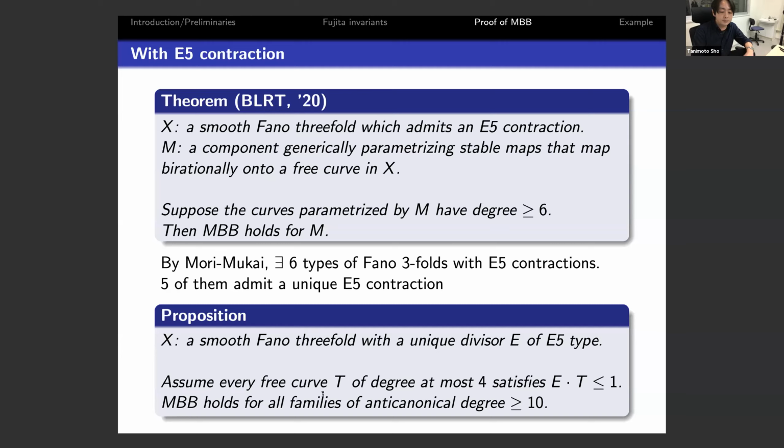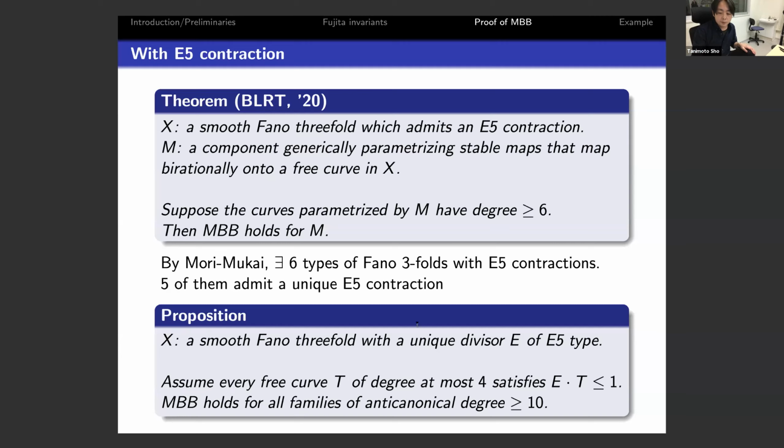Then MBB holds for all families of anti-canonical degree greater than or equal to 10. The proof is similar to the previous proof, the case without E5 contraction. Basically we use the proposition, but let me not discuss the proof of this proposition.